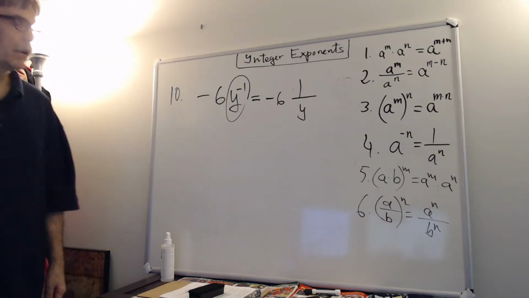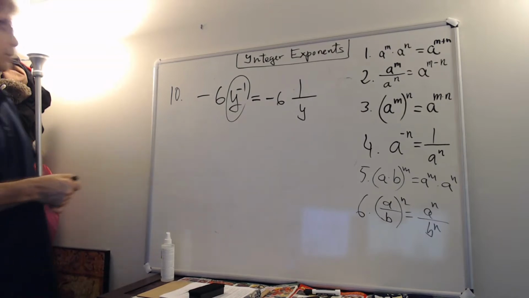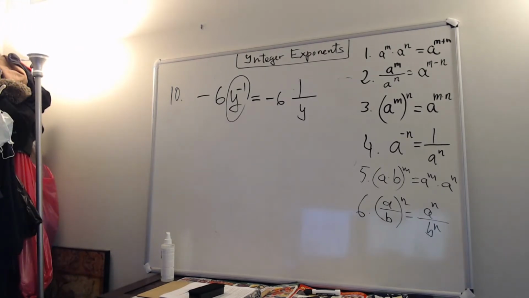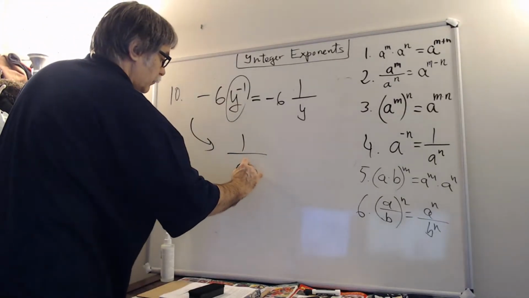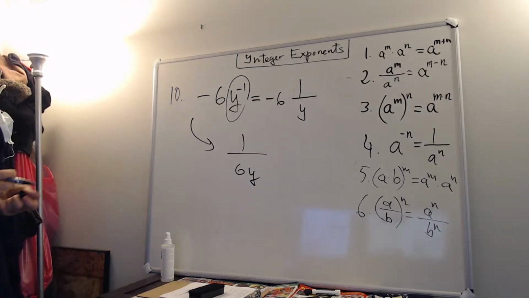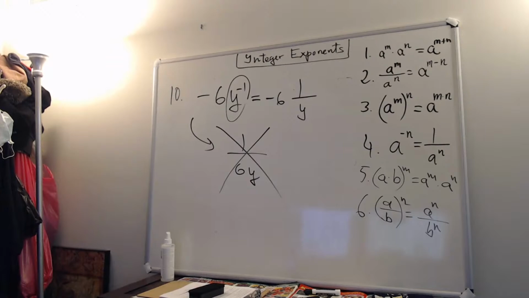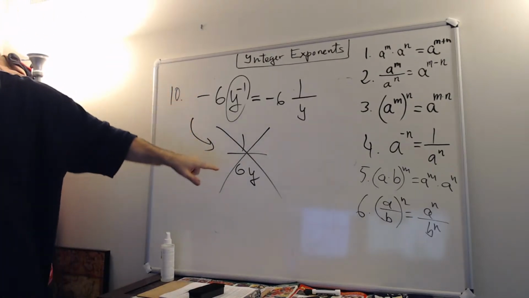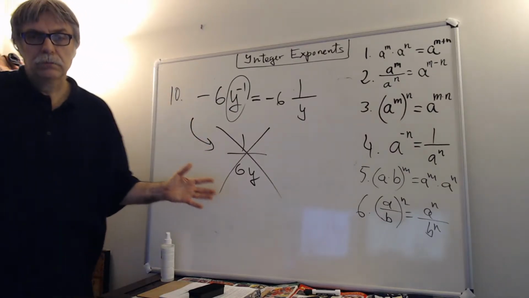Okay. Now, sometimes if I put it in the test, stuff like that, people like you will, not necessarily every one of you, some of you know this stuff, but some of you that don't know this stuff, they're going to write this like 1/6y. Okay. That's nonsense. Again, this -6 is not a power, so it's not going to go upside down. You cannot do that. Okay?